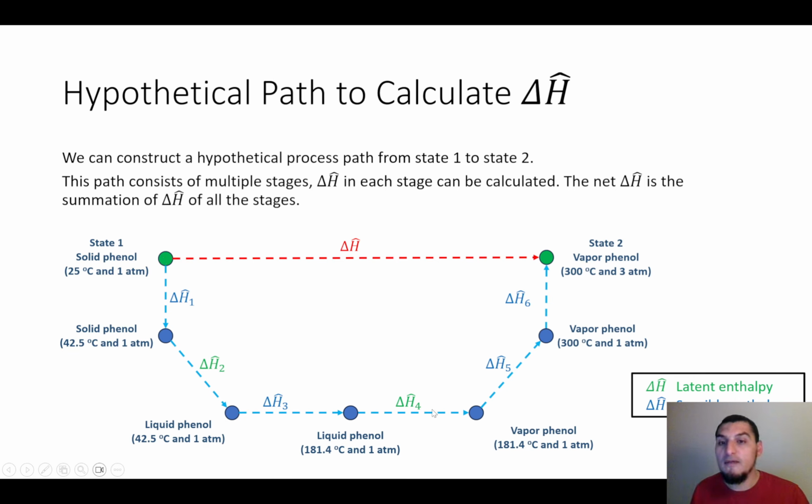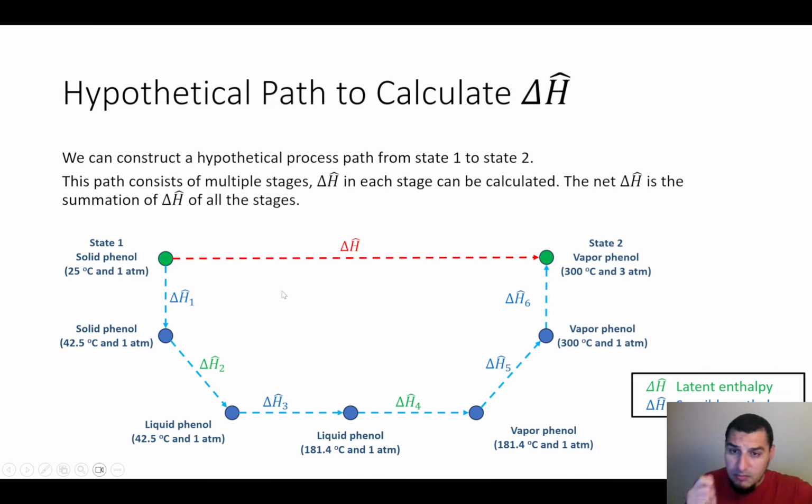It's fine. In the actual process, you might have the temperature and pressure changing simultaneously. So you're not actually representing what happened in reality. You are representing a possible path that the material could go through to turn from solid into vapor, from these conditions to these conditions.